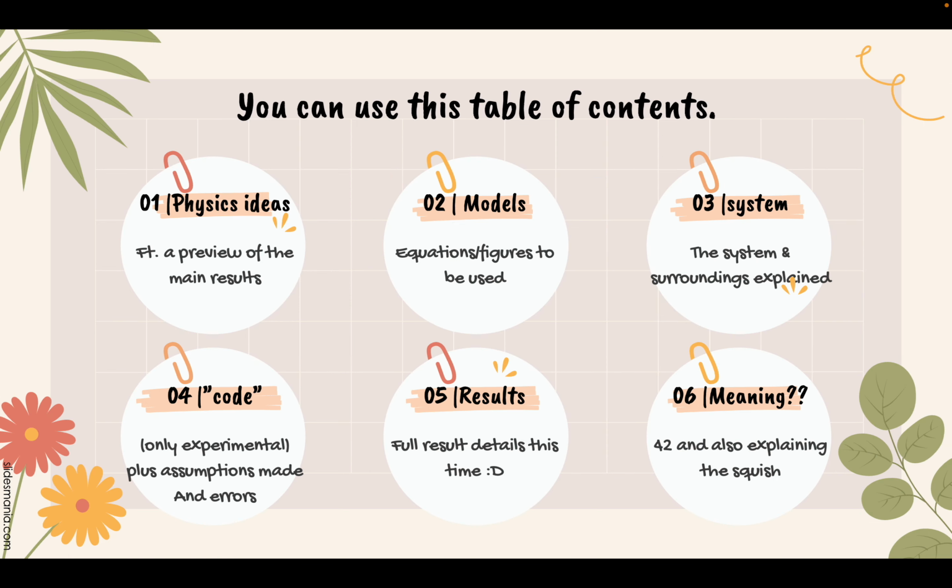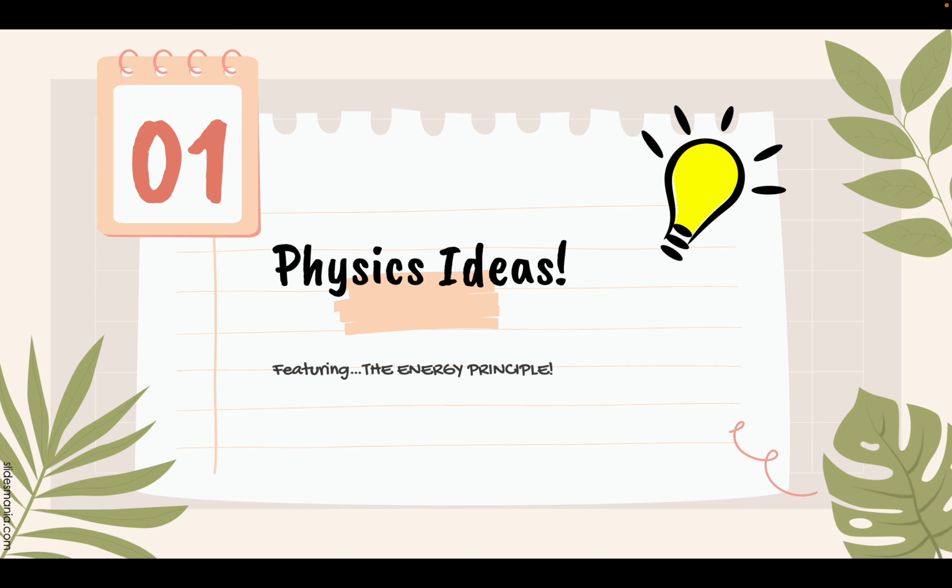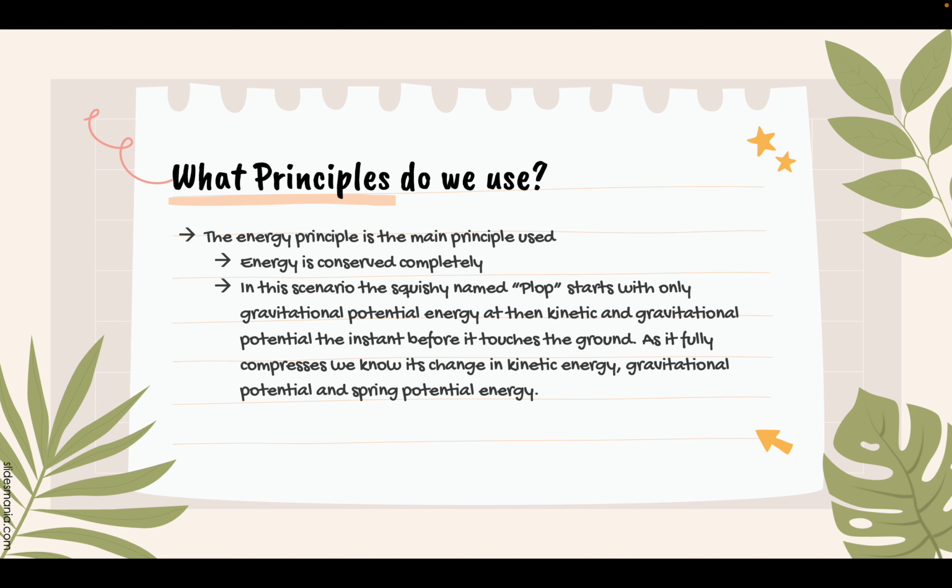So we're going to go through the physics ideas, main results, models, equations, what the system is, explanations of assumptions, results, and the meaning. For the main physics ideas, we use the energy principle. With the energy principle, we say that energy is completely conserved, and at the top before we drop the Squishmallow, named Plop, it has just gravitational potential energy because the spring is not compressed yet and it is not moving yet.